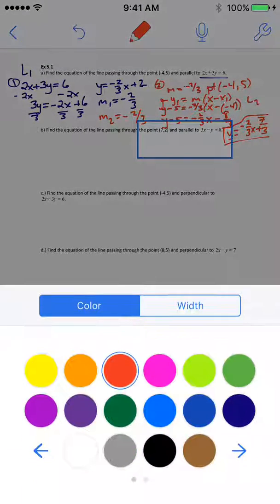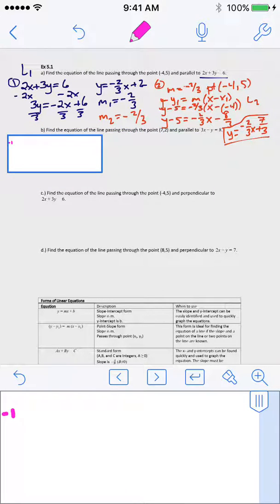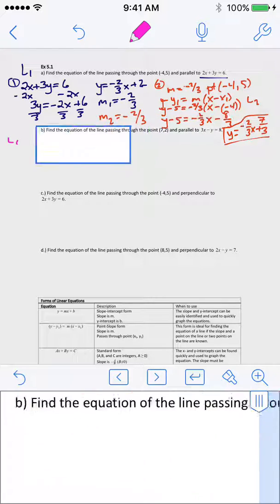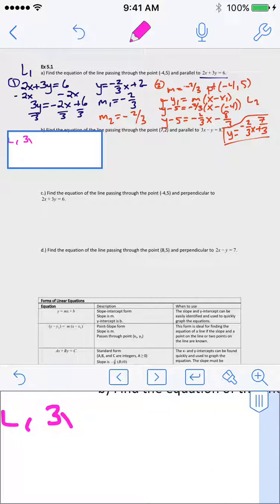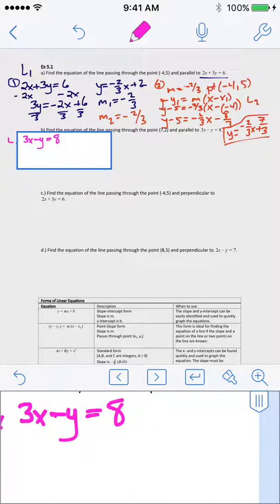Alright, we'll start with line 1. Line 1 has the equation 3x minus y equals 8. I know I need the same slope, so we'll rearrange that to find the slope.